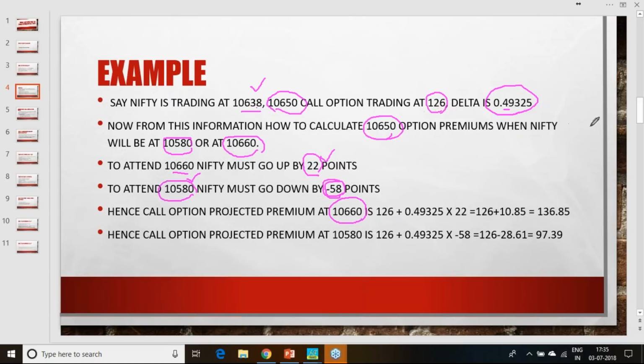How? 126 added with the delta 0.49325 multiplied by 22. This comes to 10 rupees 85 paisa. If I add it, it comes to 136.85. So this is just a projection.